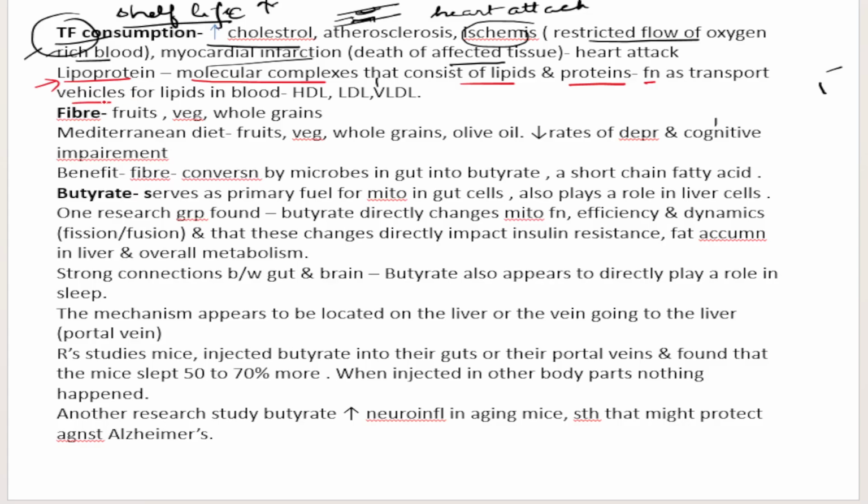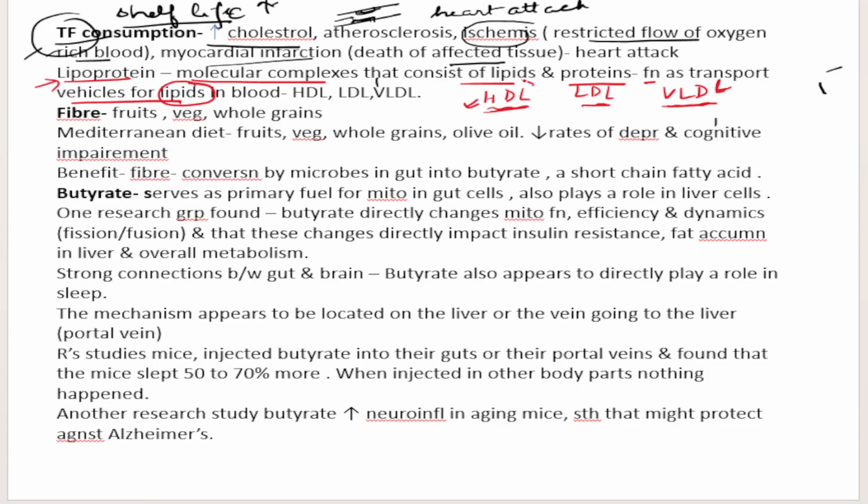They act as transport vehicles for the lipids in blood. Examples of lipoproteins are HDL, LDL and VLDL: high density lipoprotein, low density lipoprotein and very low density lipoprotein. Now HDL is good for metabolic health, but LDL and VLDL are not good for metabolic health.